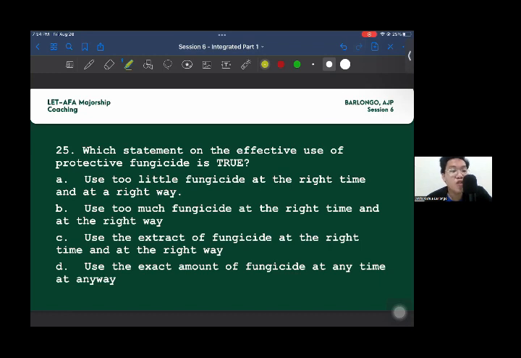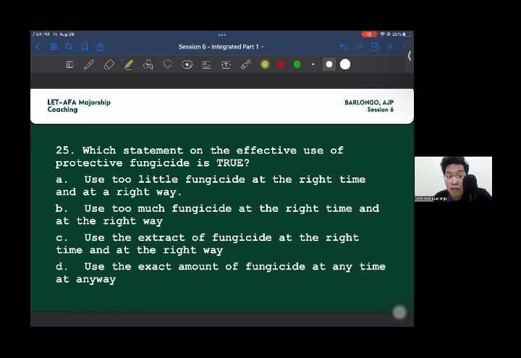A, use too little fungicide at the right time and in the right way. B, use too much fungicide at the right time and the right way. C, use the exact amount of fungicide at the right time and at the right way. Or letter D, use the exact amount of fungicide at any time, in any way.